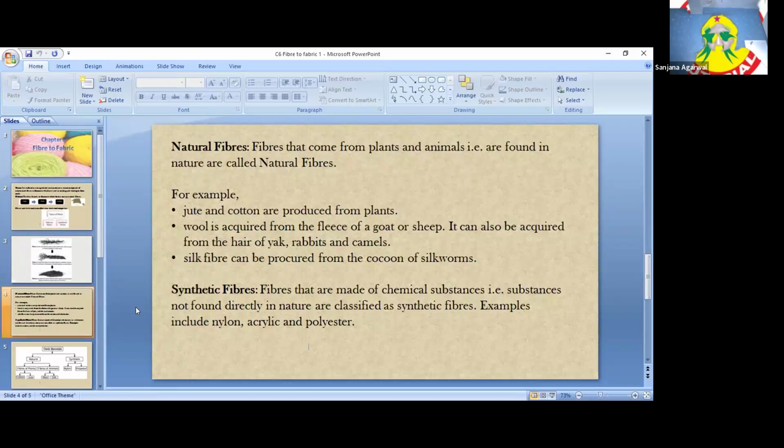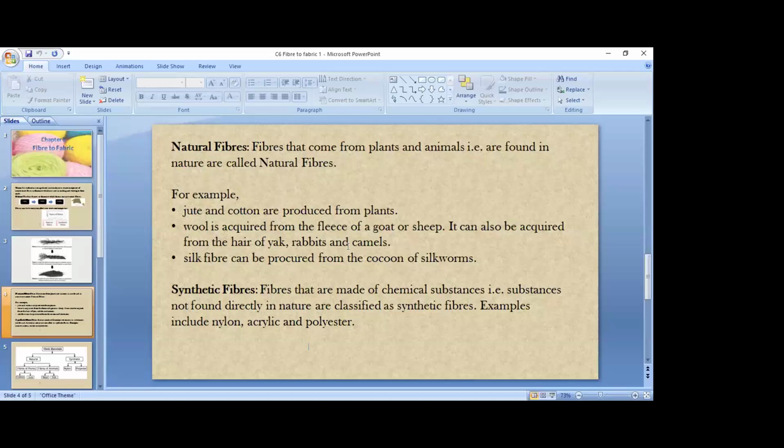Now comes natural fiber. Fibers that come from plants and animals are natural. Cotton and jute are the main examples from plants. Wool and silk are the main examples from animals. And synthetic fibers now: fibers that are made of chemical substances, that is, substances not found directly in nature. Examples: nylon, acrylic, polyester, etc. Which out of these is comfortable to wear and long lasting? Ma'am, natural. Natural, okay.